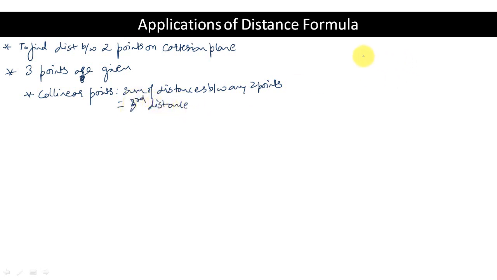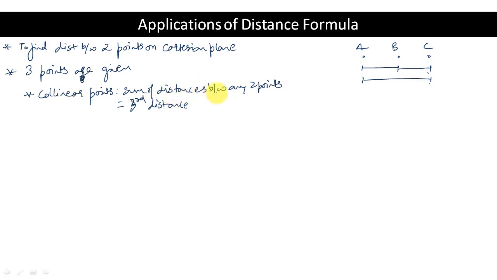Like if 3 points are given A, B and C, and I have to check whether these 3 points are collinear, then the sum of the distances between 2 points, like if I take AB and BC, so distance between AB and distance between BC, if the sum of these two distances is equal to distance between A and C, then the 3 points are said to be collinear.